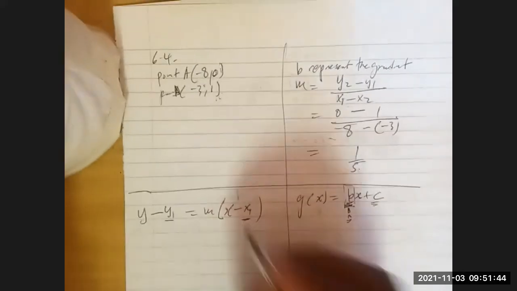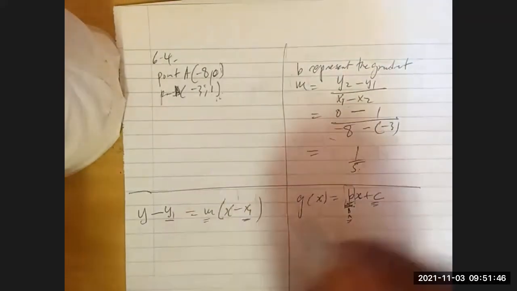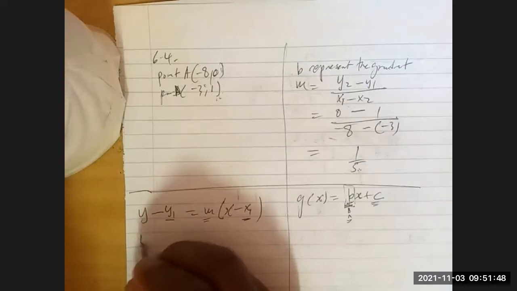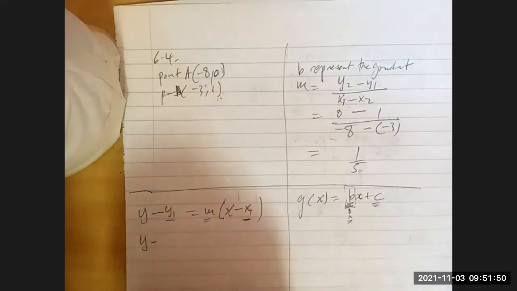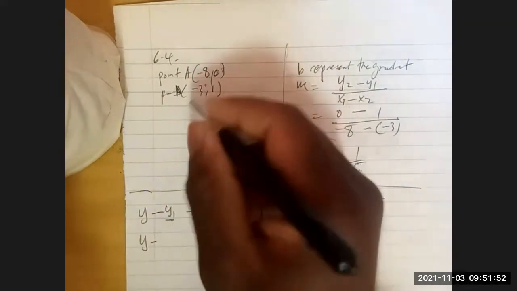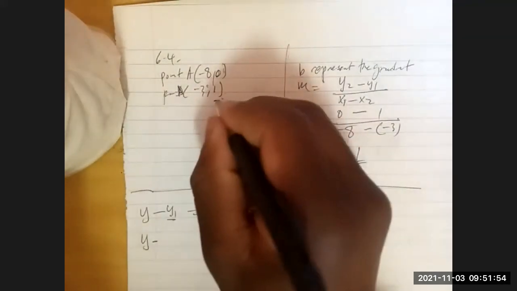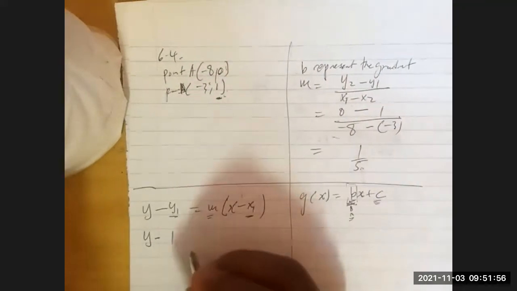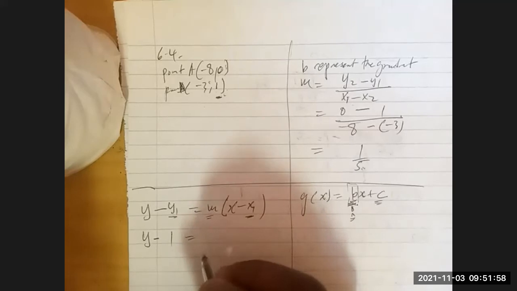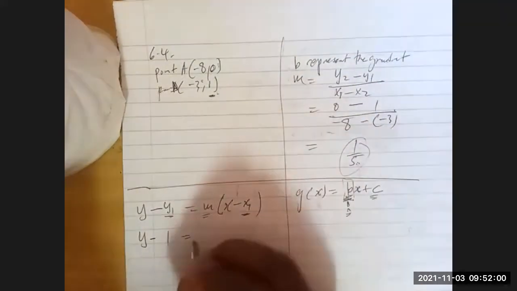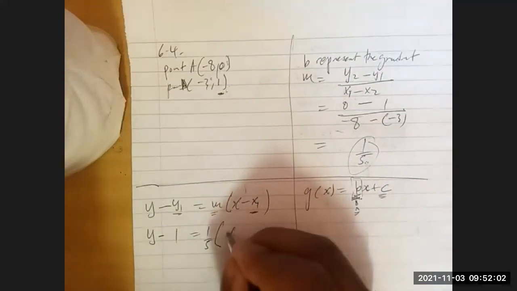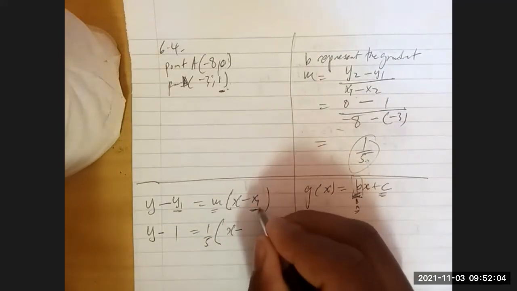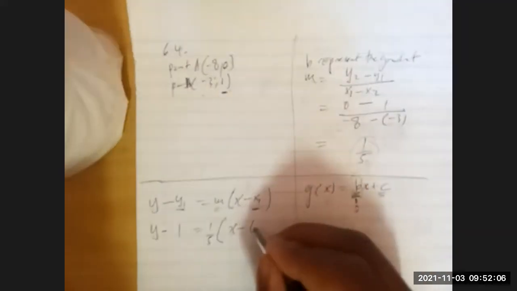So y1 and x1 represent a point, and m we found to be 1/5. So I'm going to have y minus y1. Let's use point D. The value of y there is 1, and this is going to be equal to the gradient, 1/5, times x minus x1, which is negative 3.